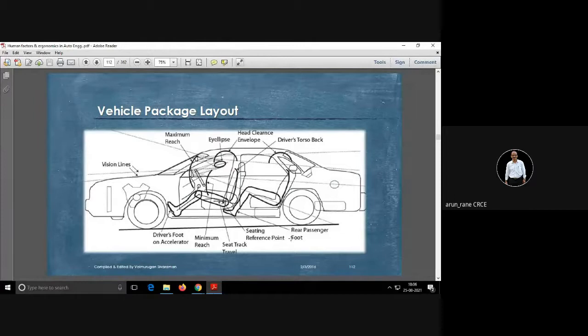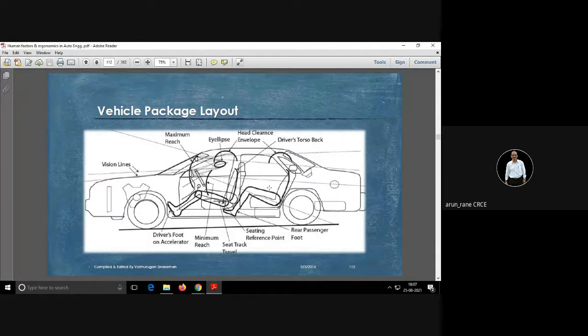See, vehicle package layout, vision lines, maximum reach. So it depends how the foot can be rested on the accelerator, where you get minimum reach, where you get maximum reach.